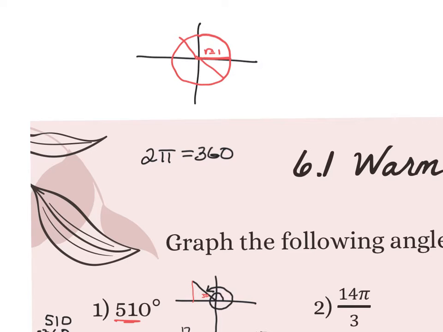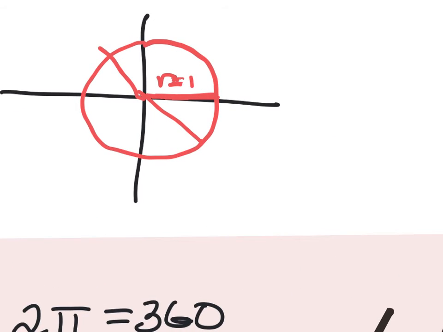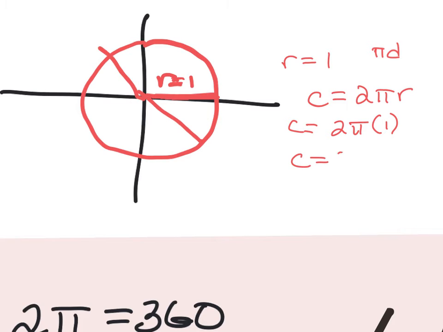If you recall your circumference formula, the circumference is 2 times pi times the radius, or pi times diameter. But here, if I multiply 2 by pi and by the radius, which is 1, the circumference of this circle is 2 pi. So that's how they figured out that 360 degrees is equivalent to 2 pi.